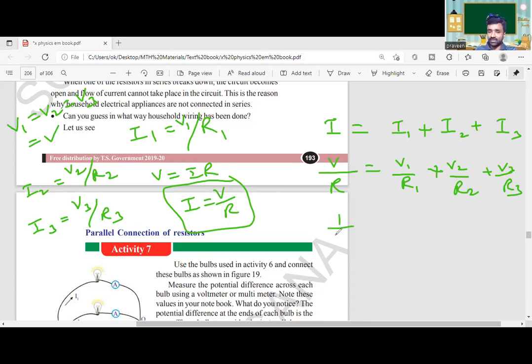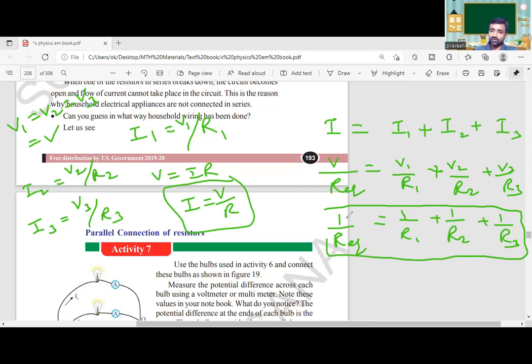Then what remains is 1 by R. The overall resistance here is taken as the equivalent resistance.